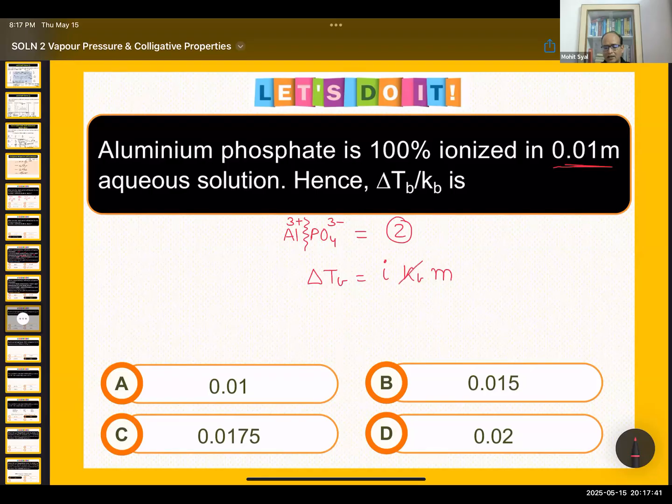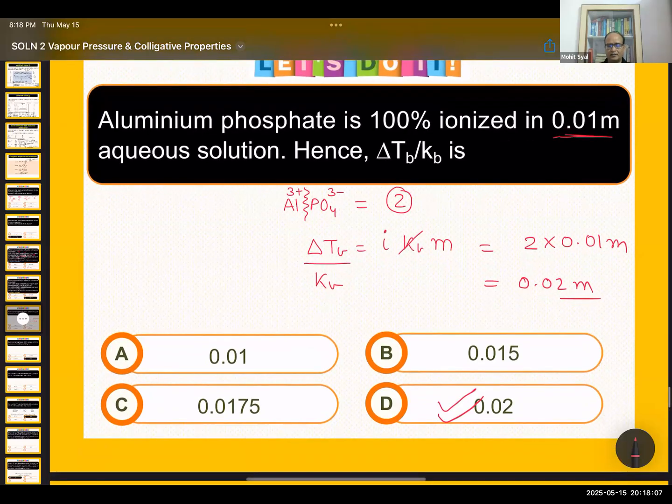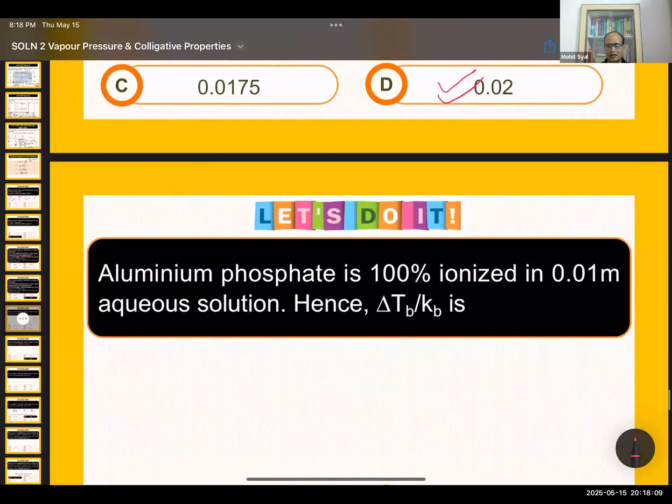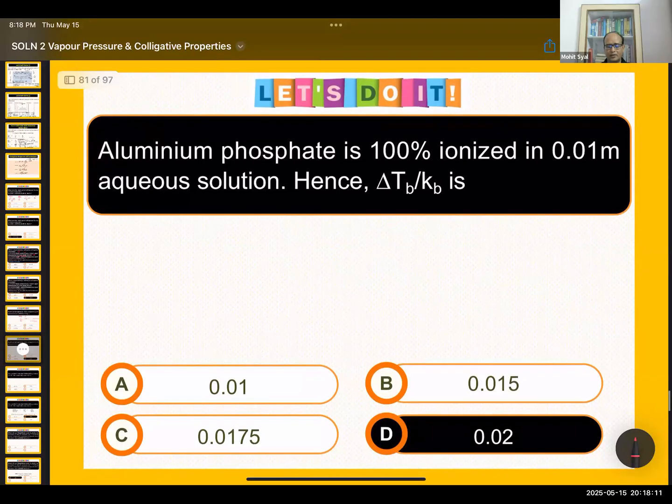And the question is asking delta Tb by Kb value. That is going to be i into m, twice into molality 0.01 m. So it is going to be 0.02 molal. Aisha, are you getting the answer? Marwa? Okay. Very simple. They have already given 100% ionization.